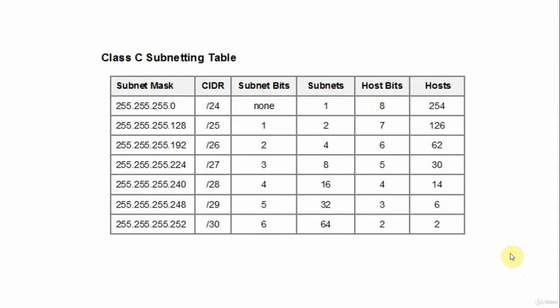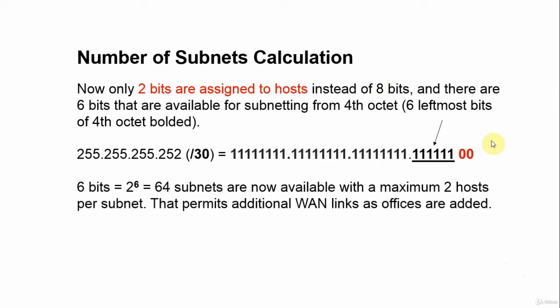That's a good thing to keep in mind. So there's 2 bits available for hosts and 6 bits available for subnetting. 2 to the 6 is 64, and each subnet has 2 hosts, and there's room for additional WAN links for other offices and various other things you're doing as well. That's just very standard network design.